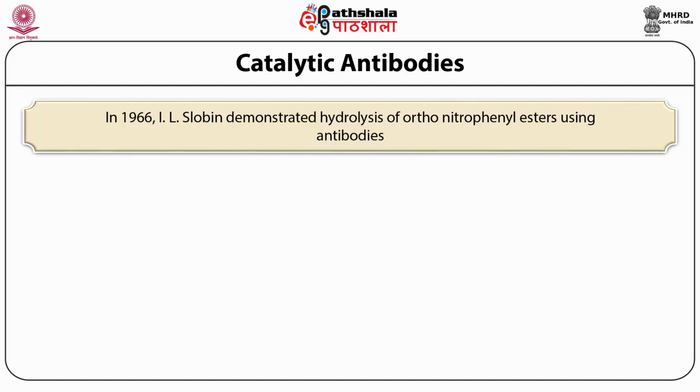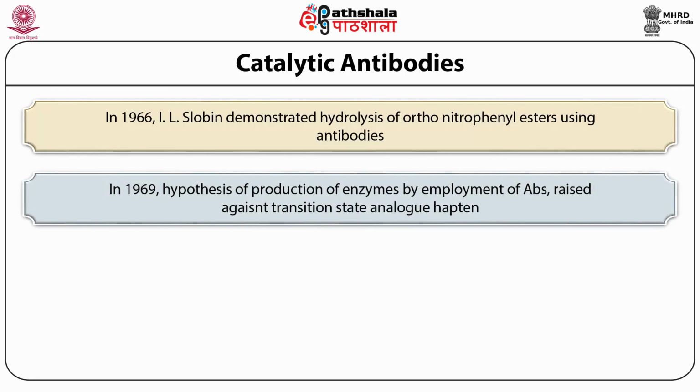And with subsequent work in this direction, by 1969, a hypothesis has emerged about these enzymes, that such enzymes can be produced by employment of antibodies which are raised against transition state analog haptens.